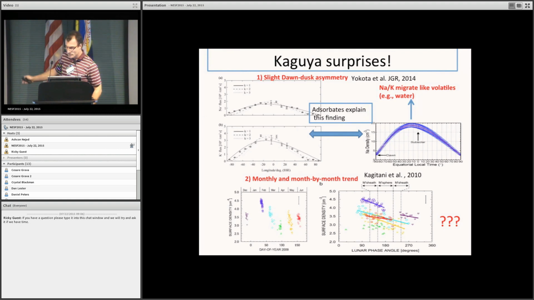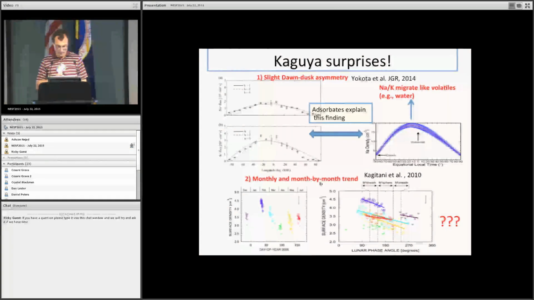And that is relatively easily explained in a model of the sort that I will describe very shortly. When you put in experimental photodesorption rates and sputtering rates, and you count flux balance, you find that you can easily reproduce this slight dawn-dusk asymmetry with adsorbates.